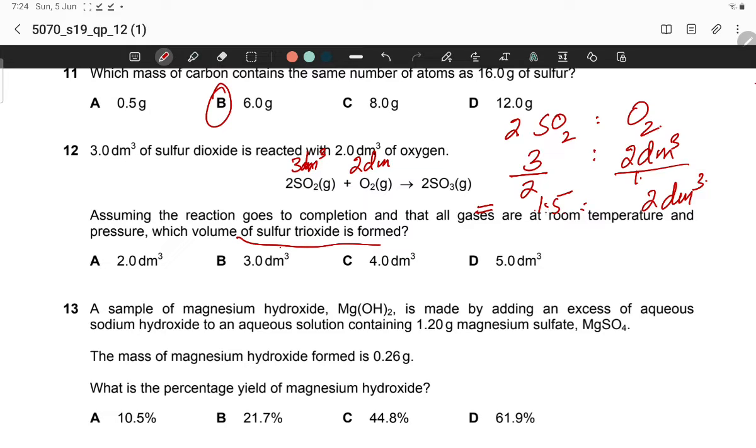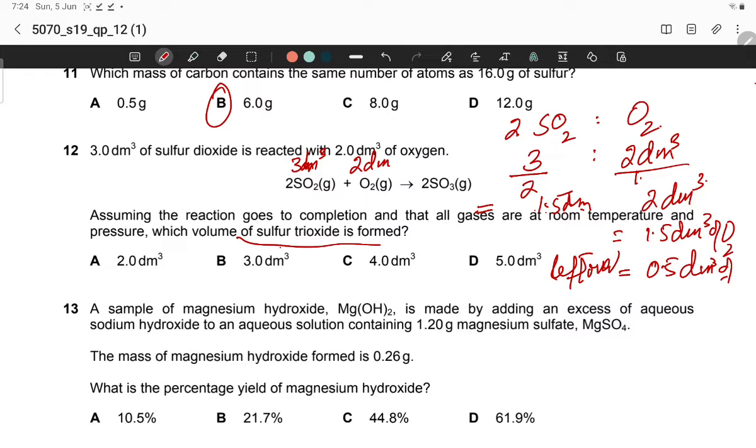So if 1.5 dm cube of sulfur dioxide reacts with 1.5 dm cube of oxygen, then 0.5 dm cube of oxygen is left over.